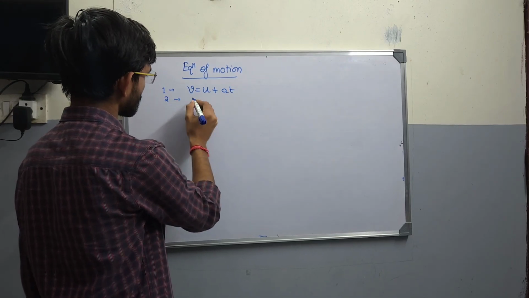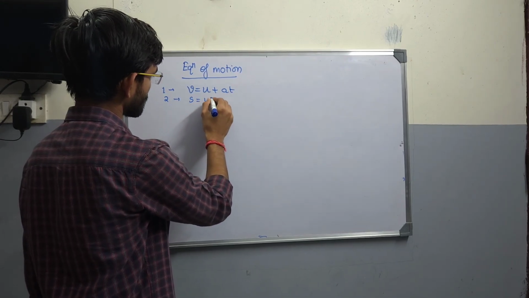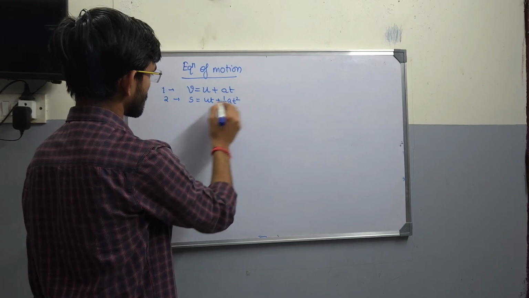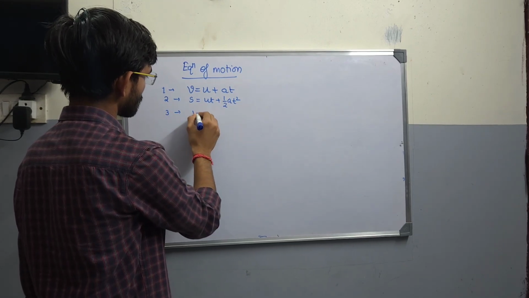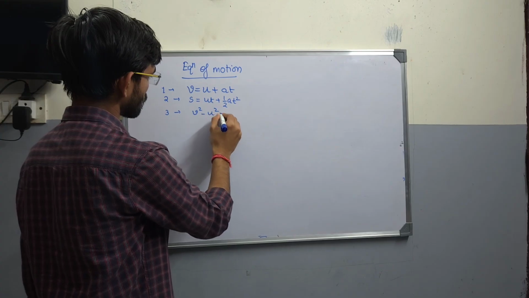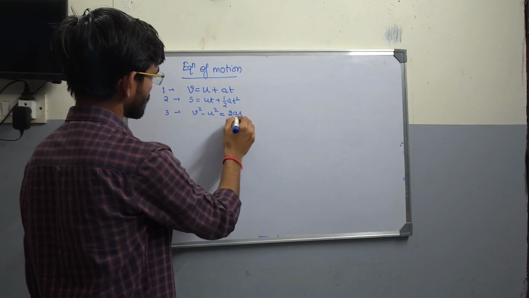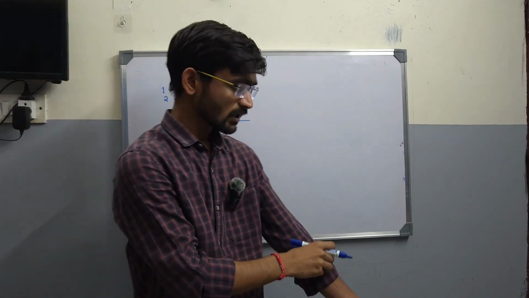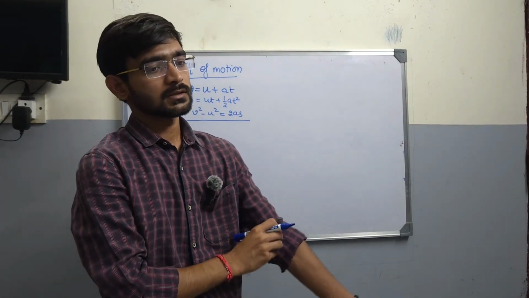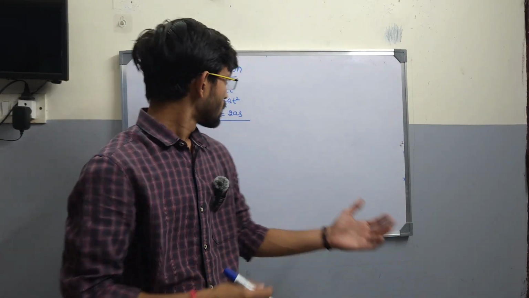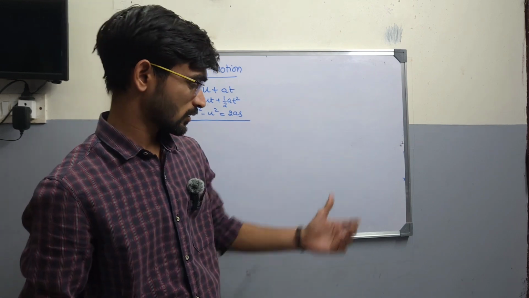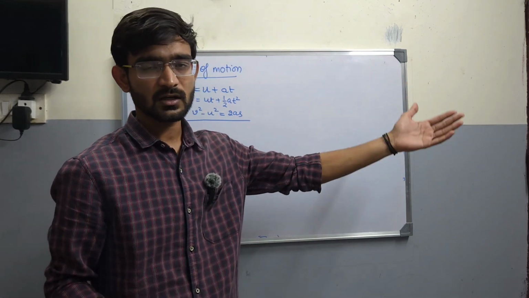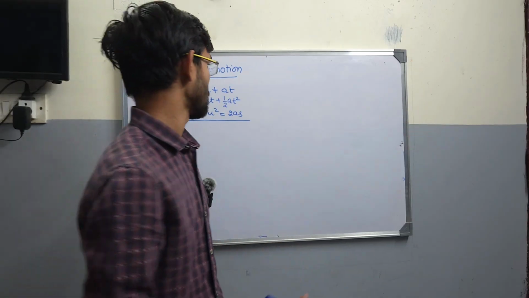Second is s equals ut plus half at square, and third one is v square minus u square equals 2as. Now we have to write these equations of motion when a particle is traveling vertically, against the gravity or in the direction of gravity.